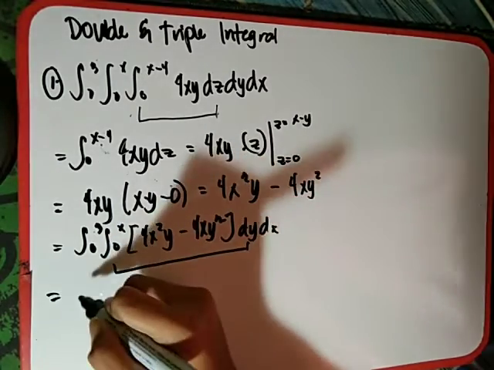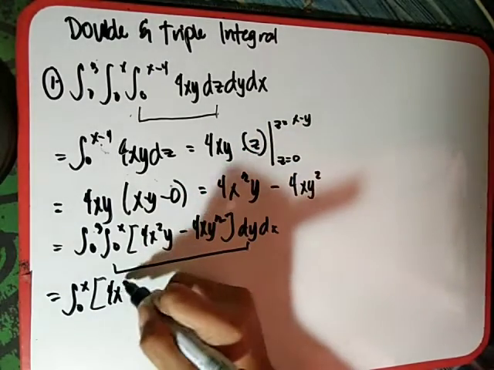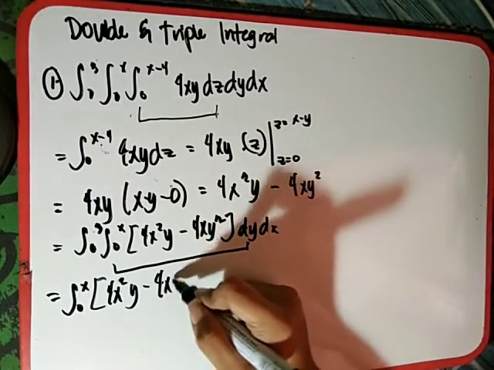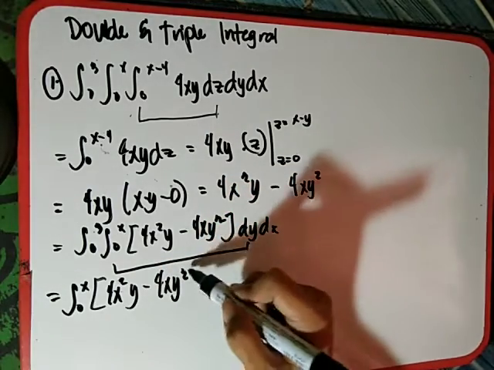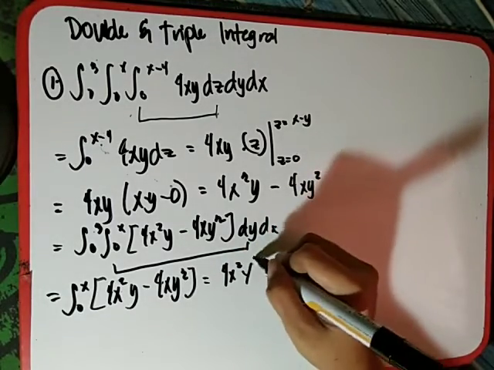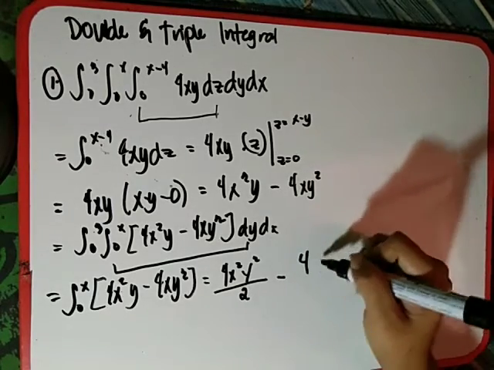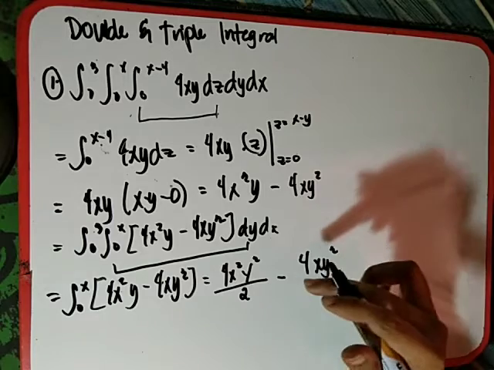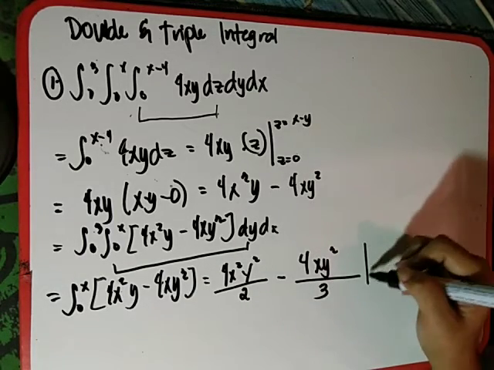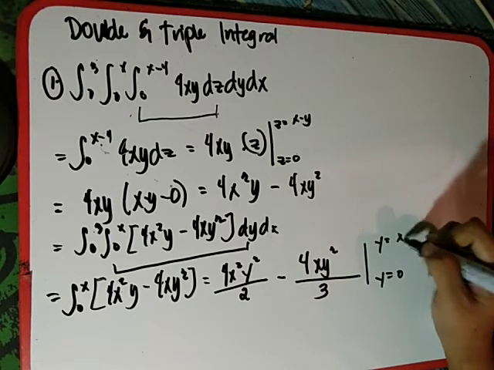We have the integral of 4x squared y minus 4xy squared is equal to 4x squared y squared divided by 2, minus 4xy cubed over 3. We'll make y equal to 0 to y equal to x.